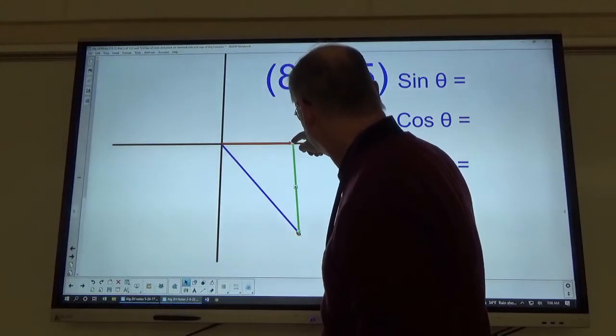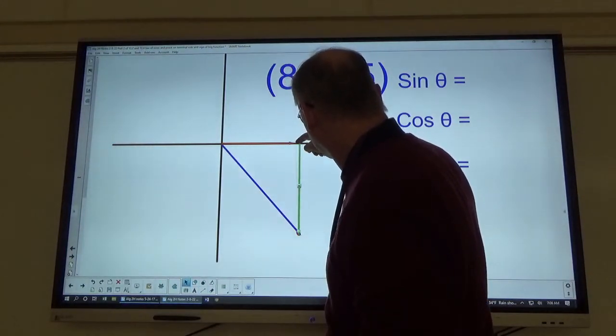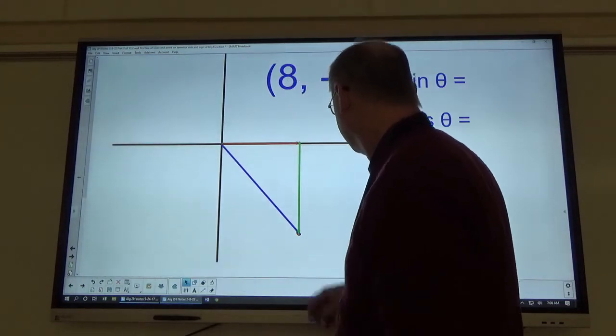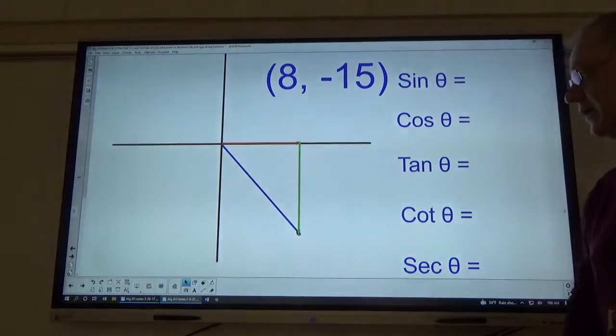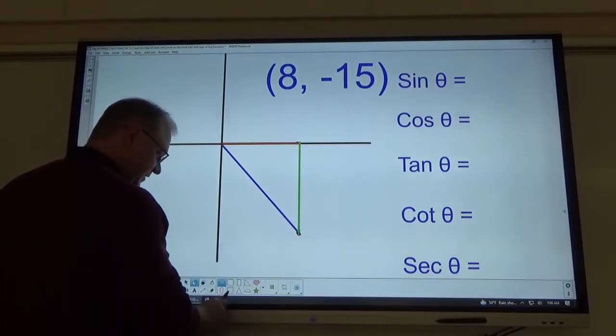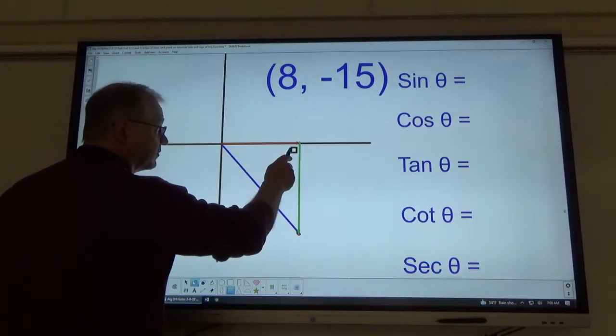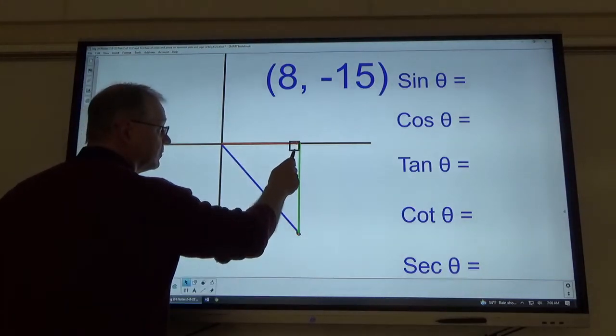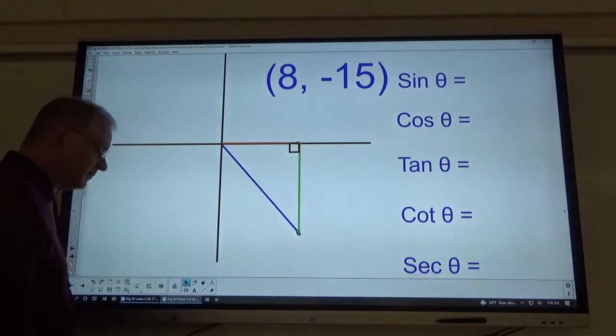I think I need this part over a little bit more to make a right angle, and that means this comes out a little more. Okay, now there's my right triangle. I've got my nice little box for my right triangle here. Let me just move that into position. There's my right angle.